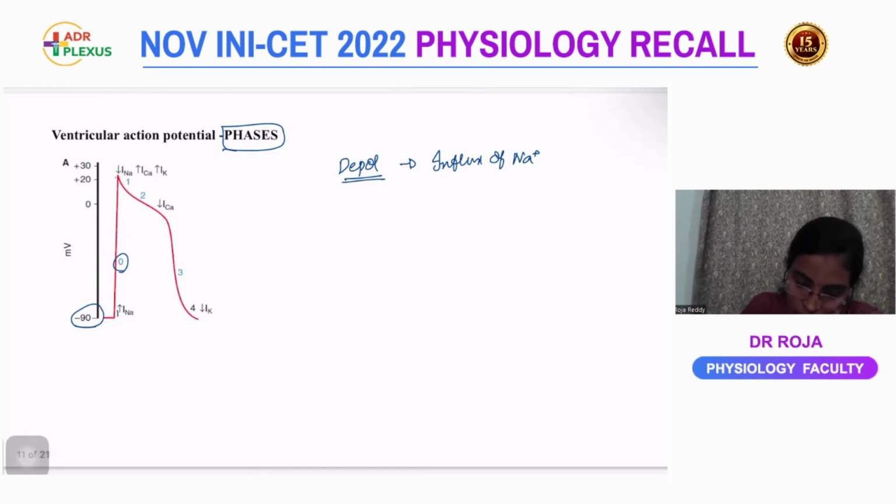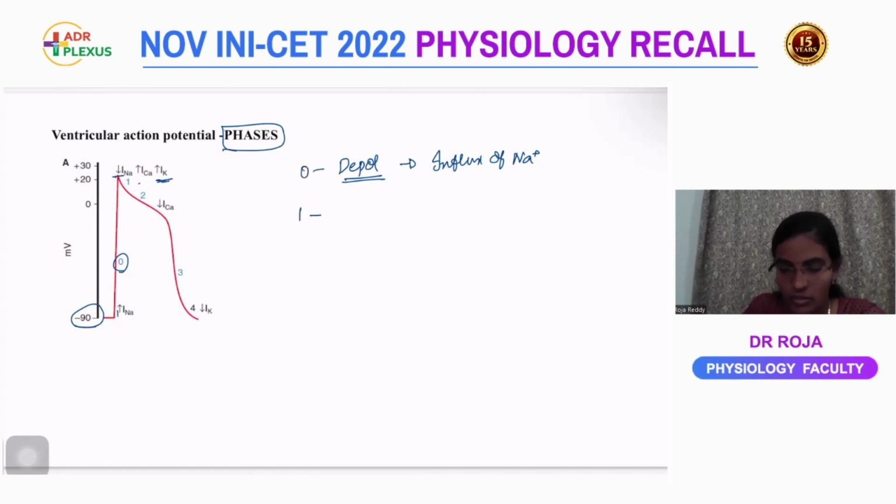Once the membrane potential reaches around plus 20 to plus 30 millivolts, there is inactivation of the sodium channels. The sodium channels close, there is no more influx, and that starts the opening of the potassium channels.